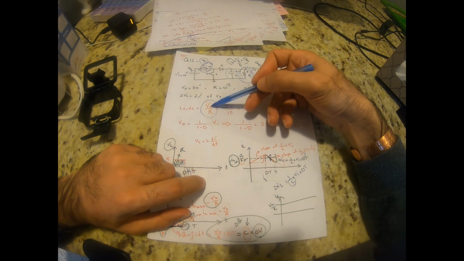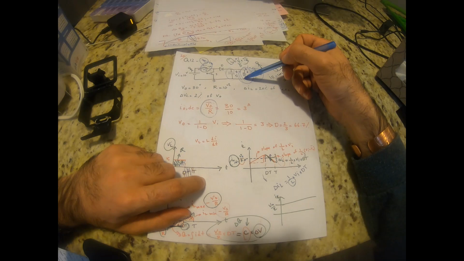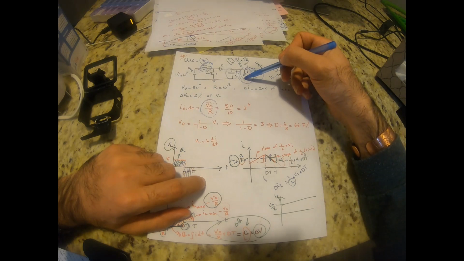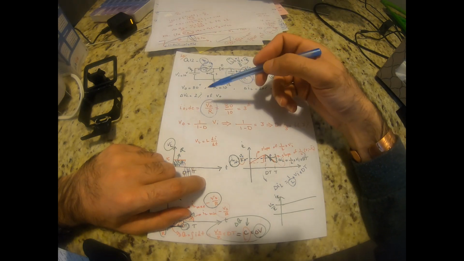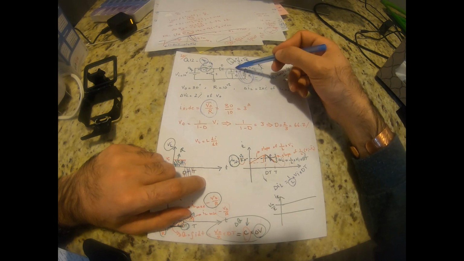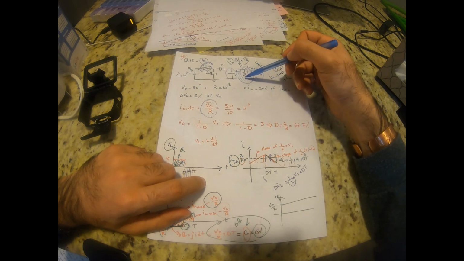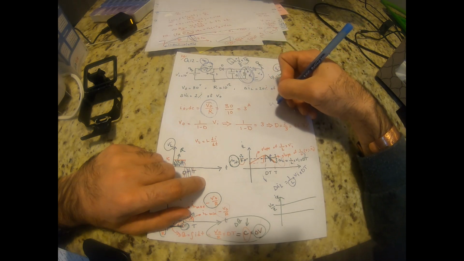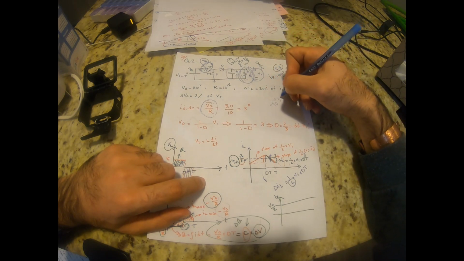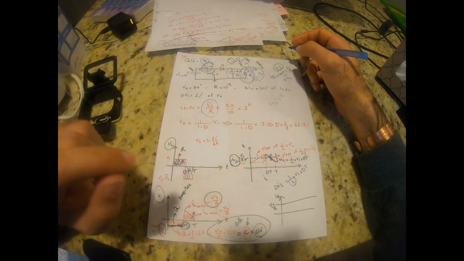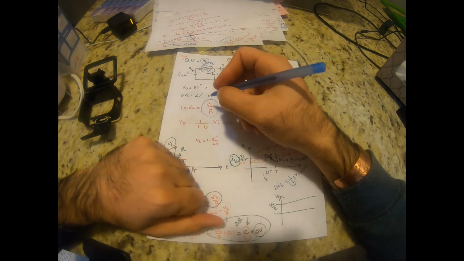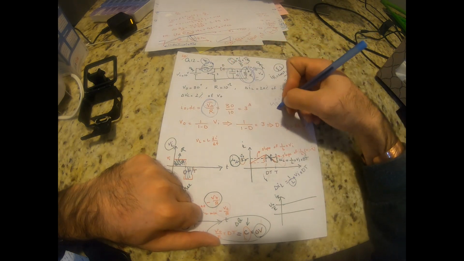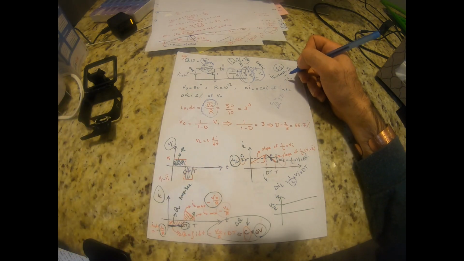So if we have that, we can calculate the current that goes through here. The output voltage is going to be a DC voltage, but it has some ripples. So let's say it's going to be 40 volts plus minus 2%, something like that. That's why I'm using the average here. So it's going to be 40 volt.